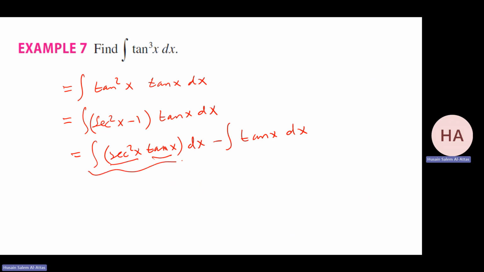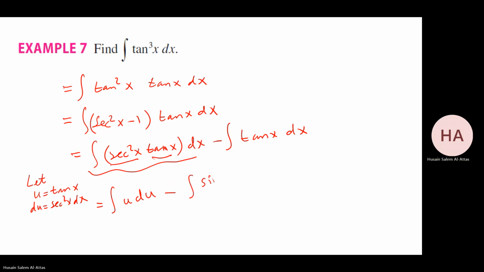If I let u equal tan x, du will be secant squared x dx. So that will be the integral of u du, and this one is the integral of sine x over cosine x dx. That will be u squared over 2, so it will be half tan squared.